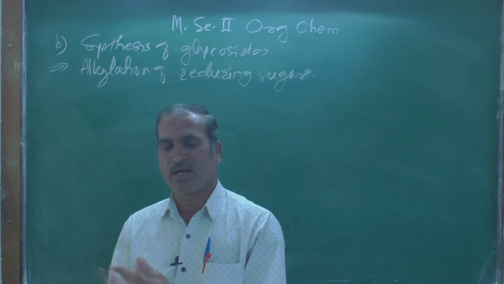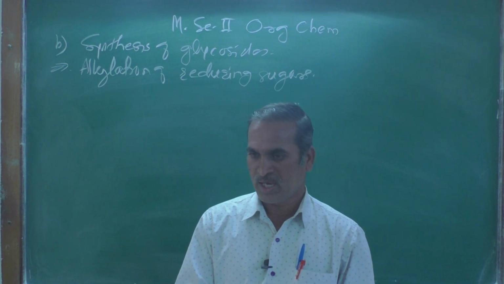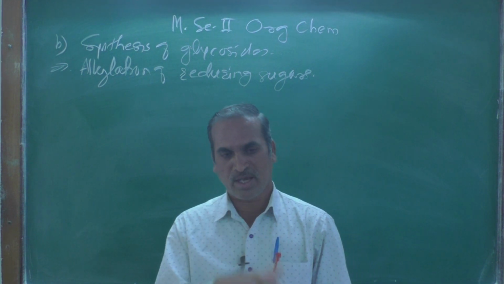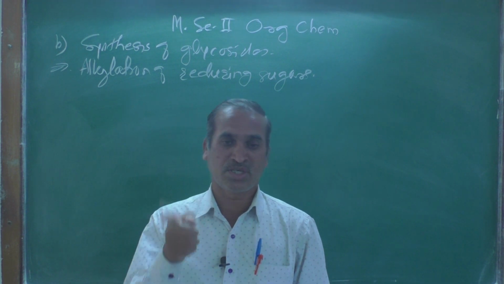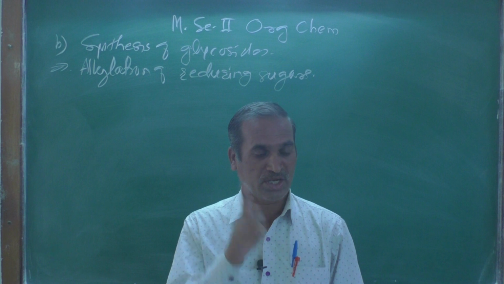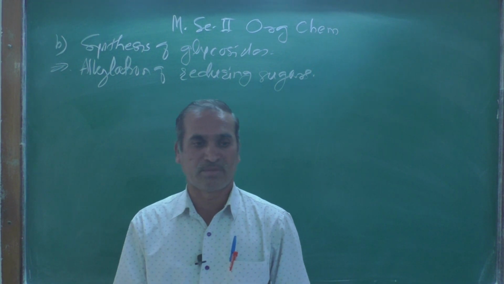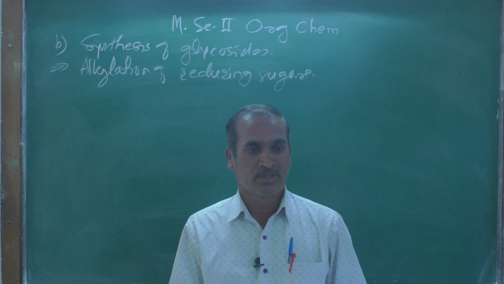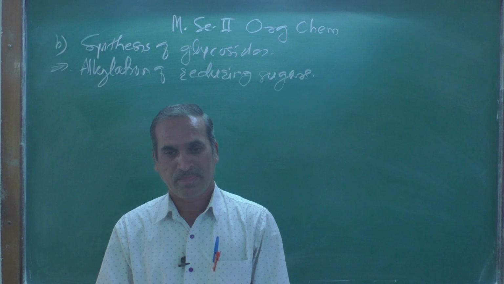Alpha and beta are known as anomers of each other. They differ in the configuration at the anomeric carbon atom. That type of structure is known as anomers of each other.